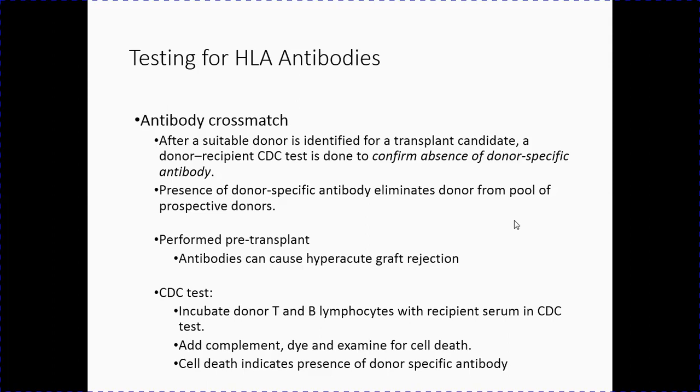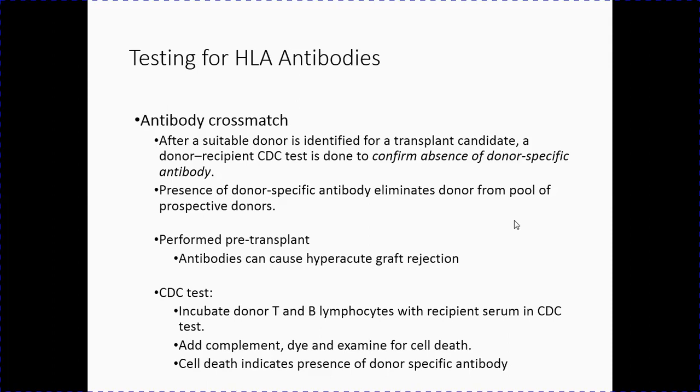A donor recipient CDC test is done to confirm the absence of donor specific antibody. We want to make sure that the recipient does not have antibody to the donor antigens. If any screening test indicates that the donor and the recipient have a corresponding antigen and antibody, we don't do that.